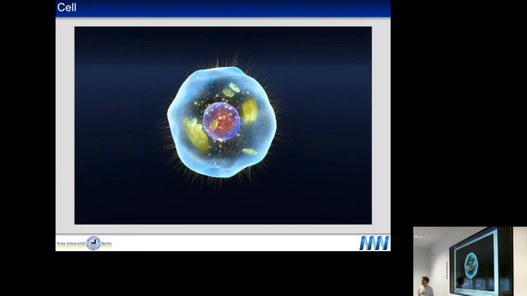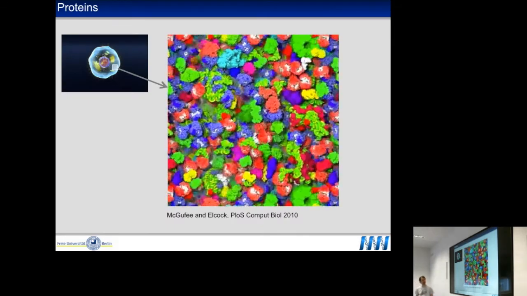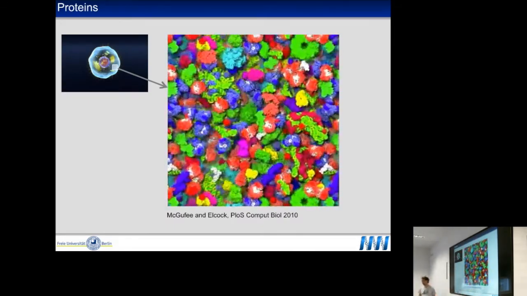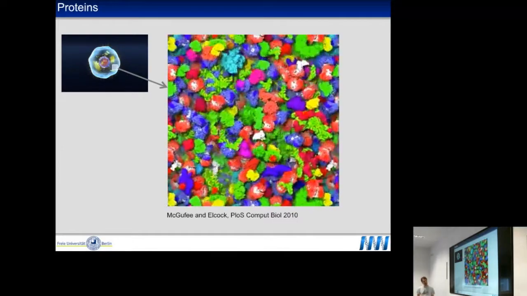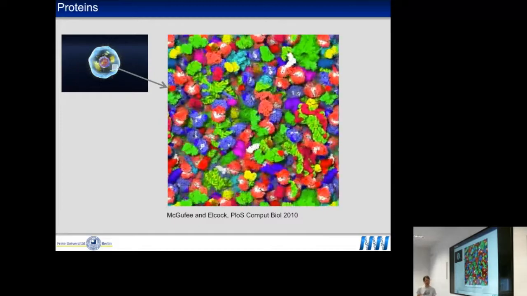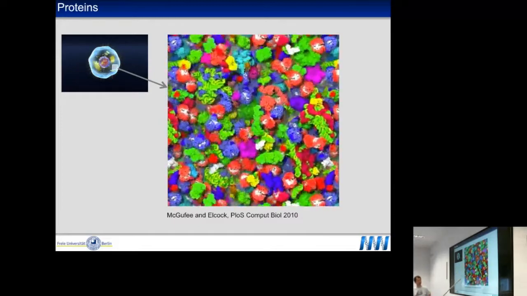So first of all, one of the subjects we're interested in is how biological processes, how cells, for example, work. This is a cell, and if you zoom into a cell and look at a roughly 100 by 100 nanometer cube of the cytosol, then you would theoretically, if you could resolve it, be able to see something like this.